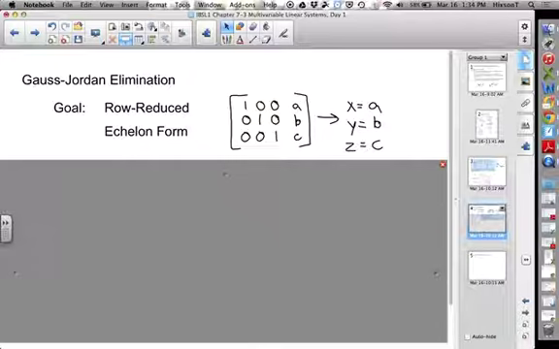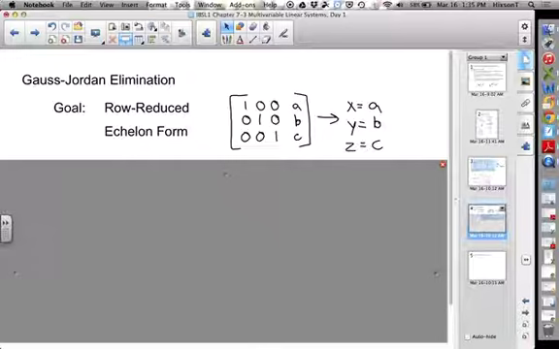Now, there is a way that your book shows, it's called just Gaussian elimination. And instead of row-reduced echelon form, it's just echelon form, or row echelon form, just REF. If you see that, it's REF. That one requires you to kind of combine what we're doing here with back substitution.